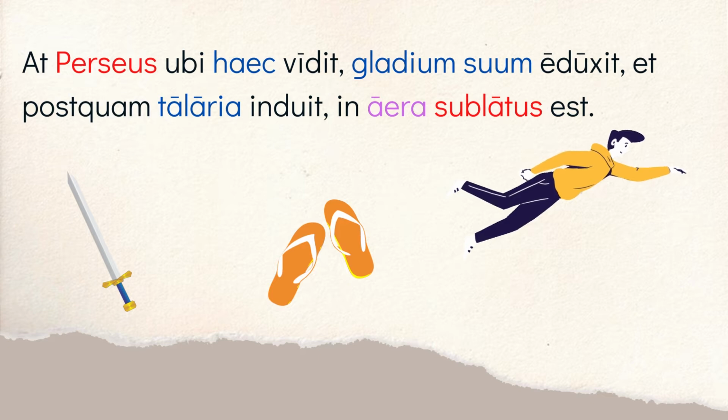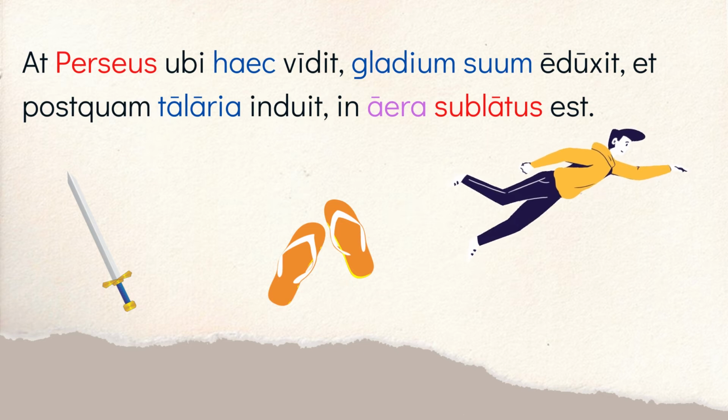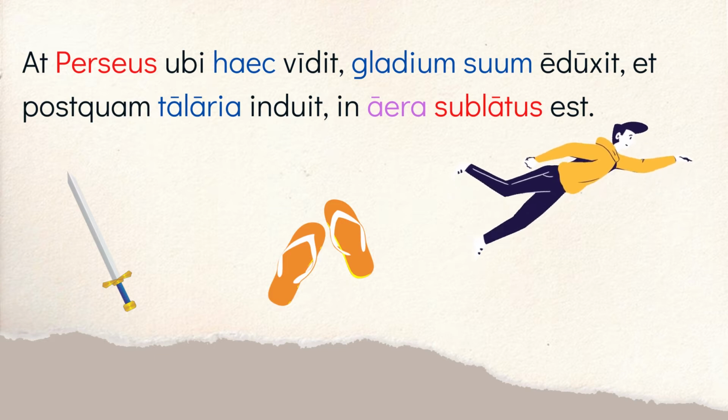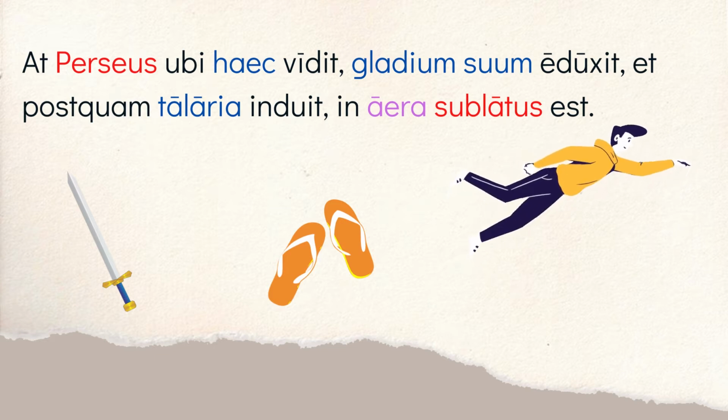After he induit, postquam is just afterward, he put on his talaria. Remember, the talaria are the winged sandals, and when he puts them on, in aera sublatus est, he gets lifted up into the sky. He can fly, right? Literally, after he put on his talaria, he was lifted in aera, into the air.